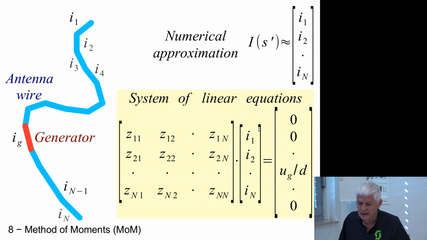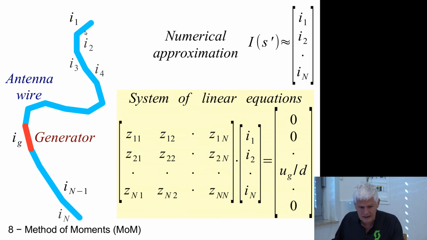And this is now the idea behind numerical calculation. The idea is that we represent our current with a number of segments, and I calculate the current inside each segment. This current might be constant in each segment. It is usually beneficial to use some different distribution.